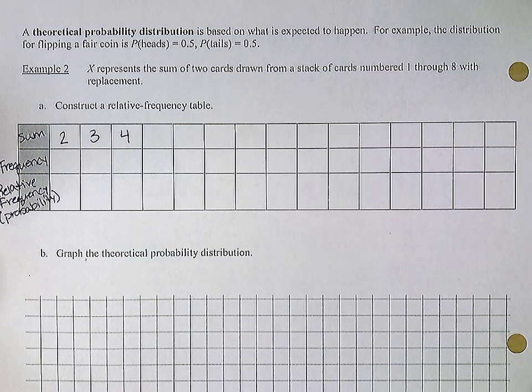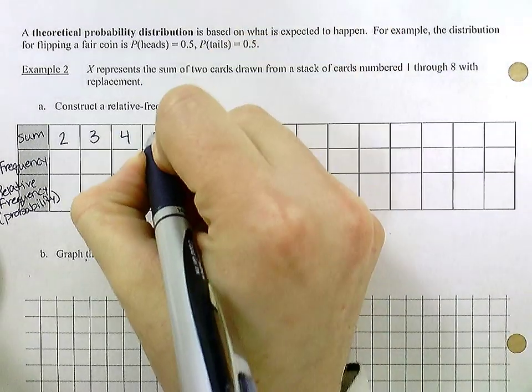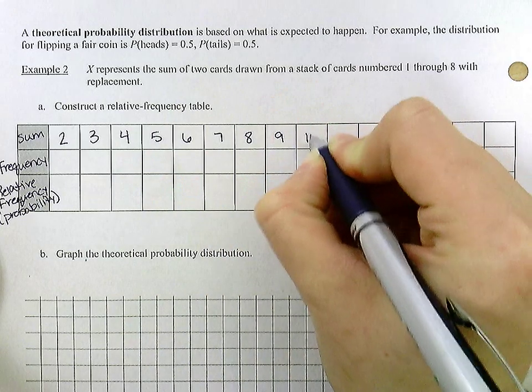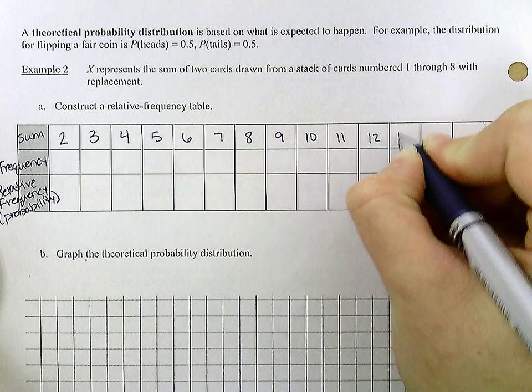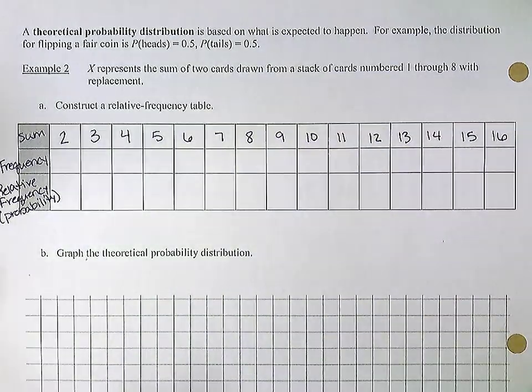Yep. How far will it go though? What's my highest card? 8. My highest card is 8, so what should my highest sum be? 16. Okay, so I could draw cards and get all of those different sums there.